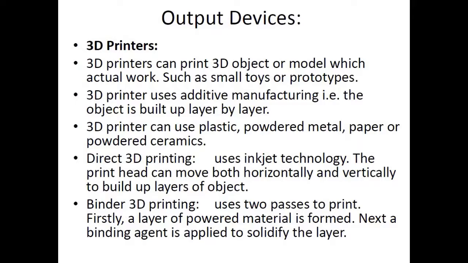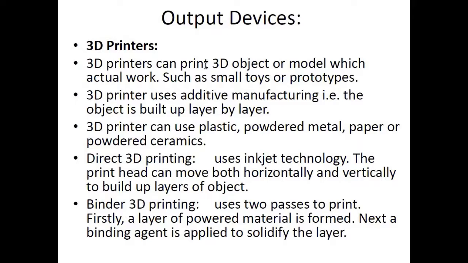Basically, what happens in direct 3D printing is that whatever you are using as input, either plastic or powdered metal, is melted and then sprayed through the nozzles layer by layer. Since it is melted, while it cools, the different layers stick with each other and ultimately an object is formed.